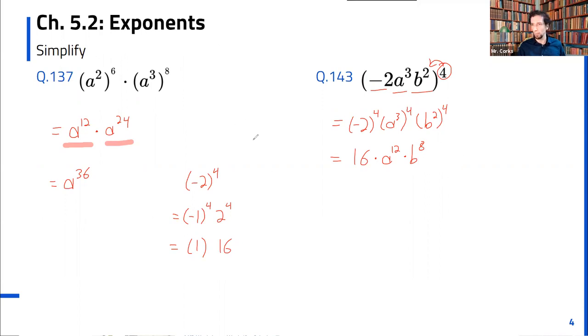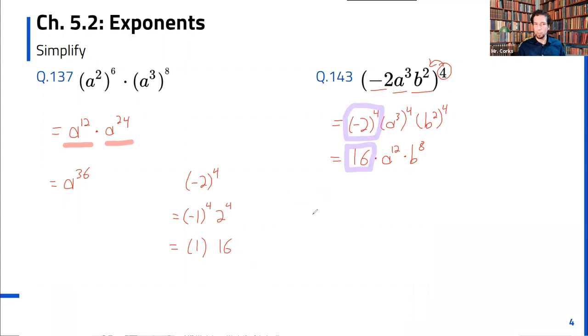Professor? Yes? I didn't understand -2 to the exponent 4. Which part? How did the result come to 16? You multiply 4 by 4, or multiply 2 4 times?